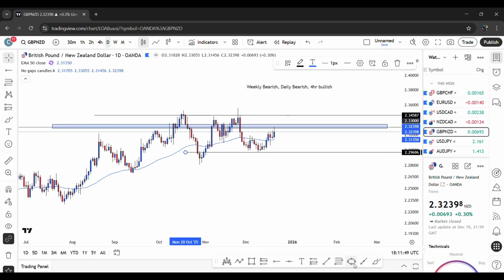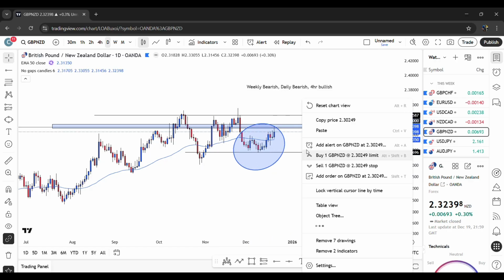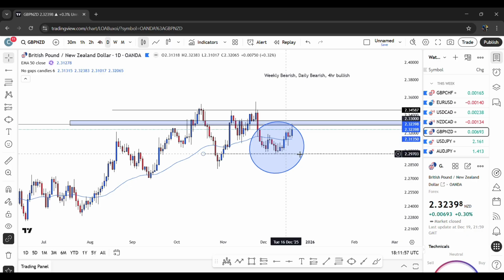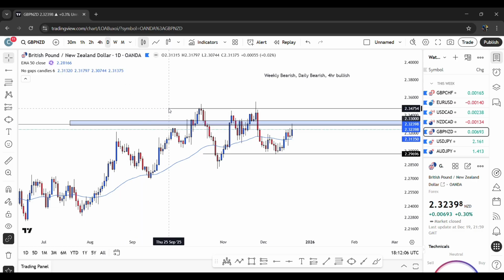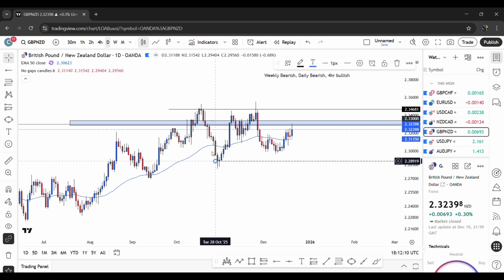Don't look at this one. You have to zoom out a little bit and then look at the bigger picture. So don't focus on just this one, but you have to go back a bit, take a good image of the chart, and then see. This is the daily lower high, this is the daily lower low.